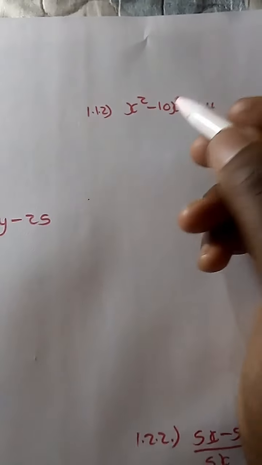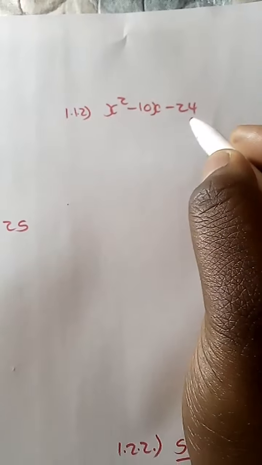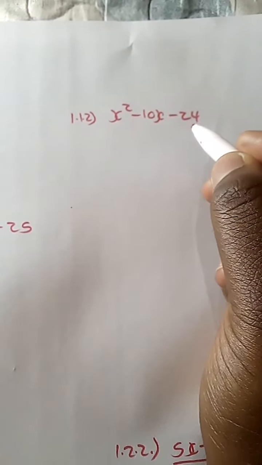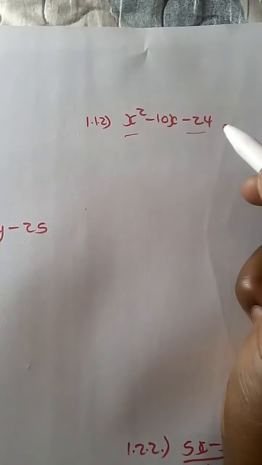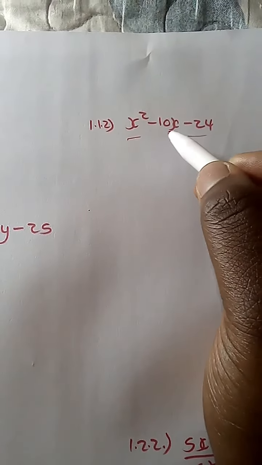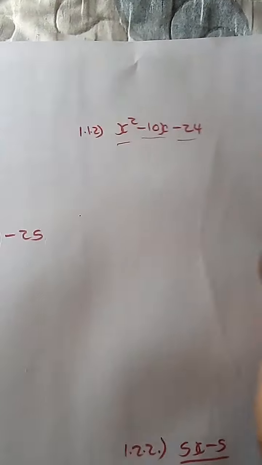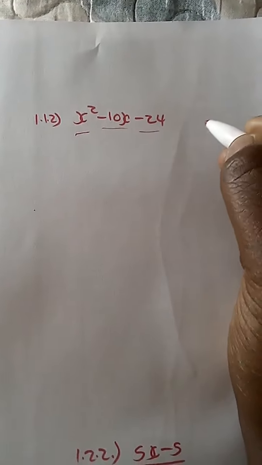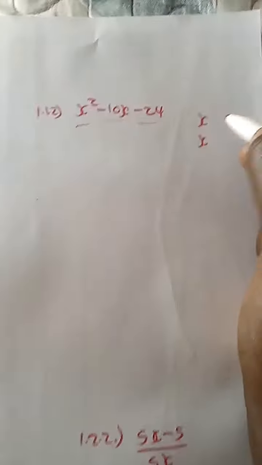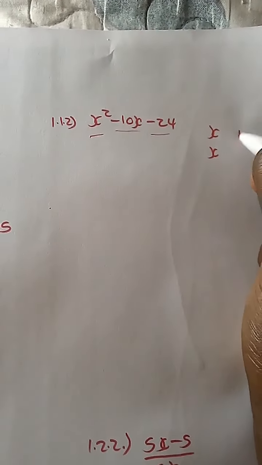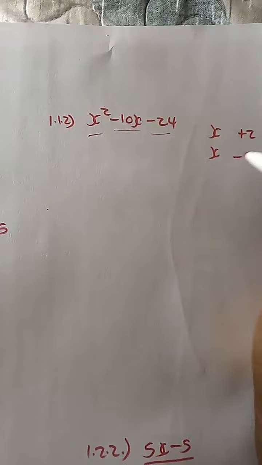Then we go to the next question, x squared plus 10x minus 24. Here we have to look for the factors of x squared and negative 24 which, if we add them, give us negative 10x. The factors of x squared are x and x. And the factors of negative 24, we simply have positive 2 and negative 12.